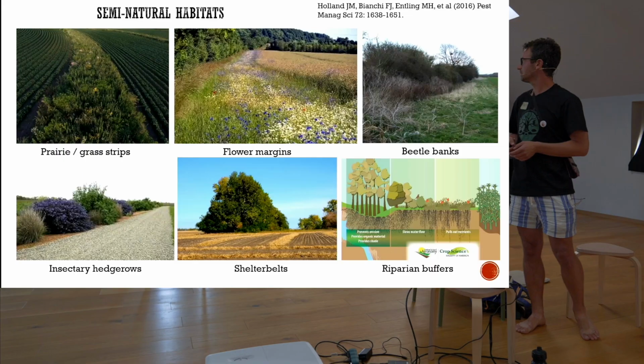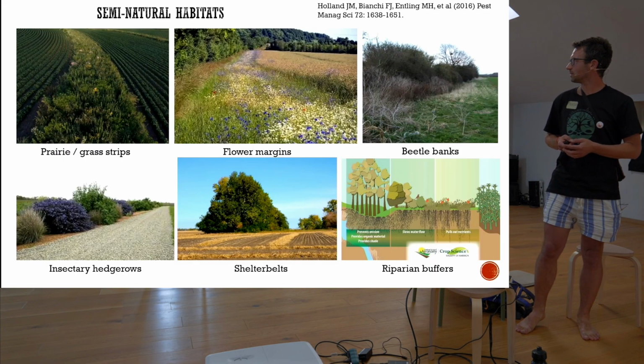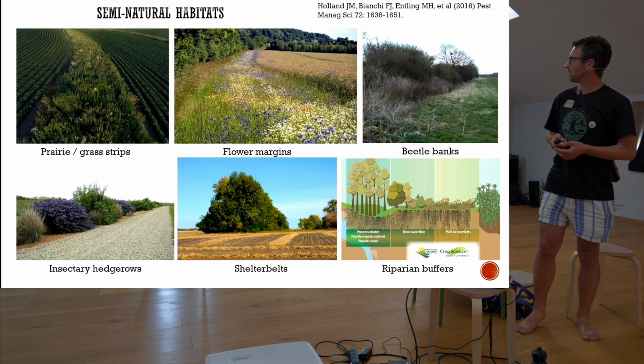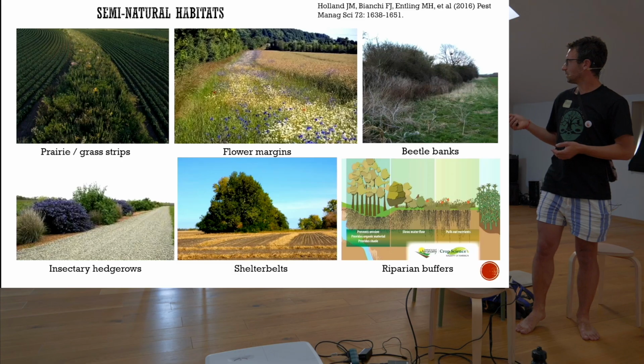Yeah, so these are basically just the main semi-natural habitats. We mostly address flower strips and shelter belts.